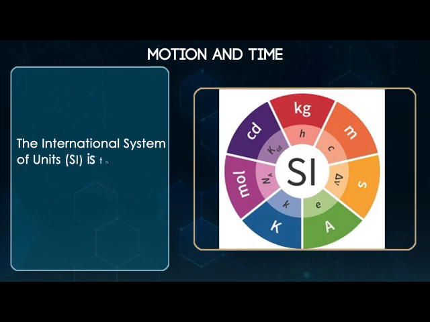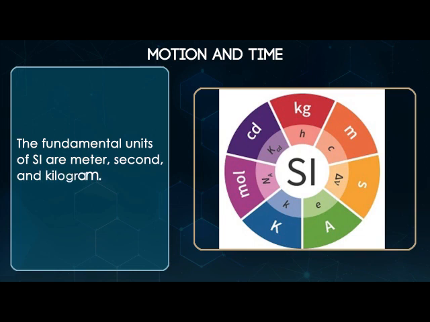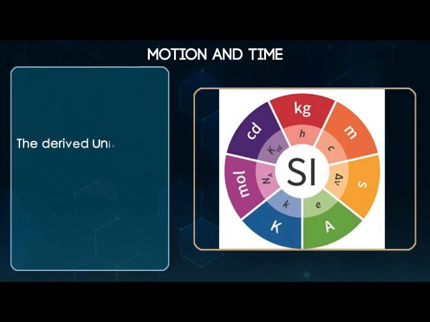The International System of Units is the globally accepted system of measurement. The fundamental units of SI are meter, second and kilogram. The derived units of SI are speed, acceleration and force.